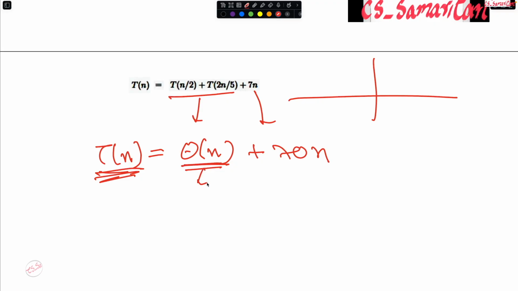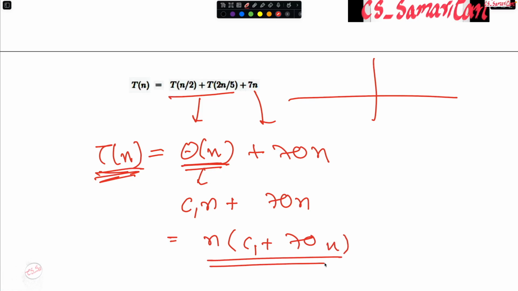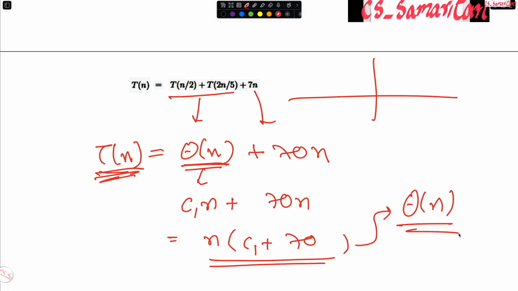Theta of n can be visualized as any constant c times n plus 70n. Taking n common, we have n times (c plus 70), and this n is not going to repeat itself, right? So this is what we get. This is nothing but your theta of n. We solved the question and we got the answer.